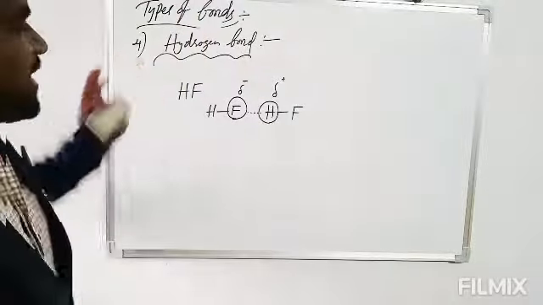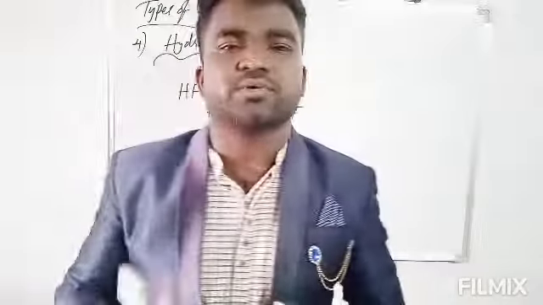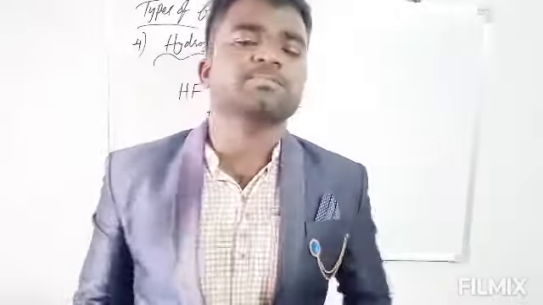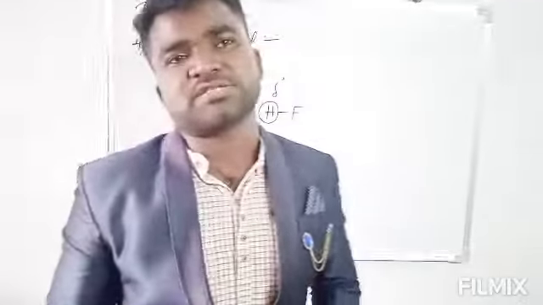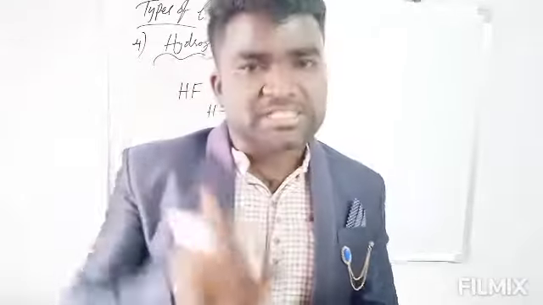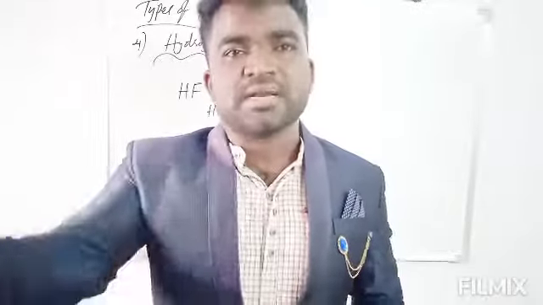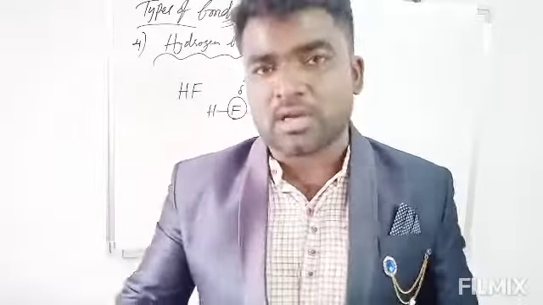Now this hydrogen bond is mainly classified into two types. One is intermolecular hydrogen bond, and the second one is intramolecular hydrogen bond. What is an intermolecular hydrogen bond and what is an intramolecular hydrogen bond? Now we will discuss.